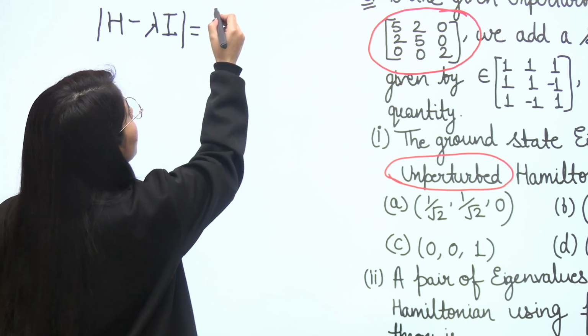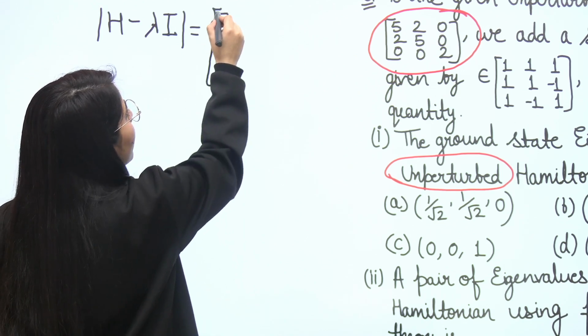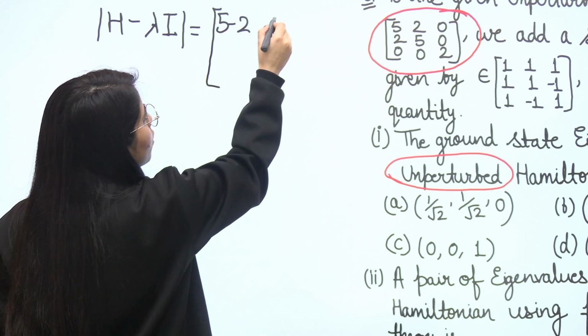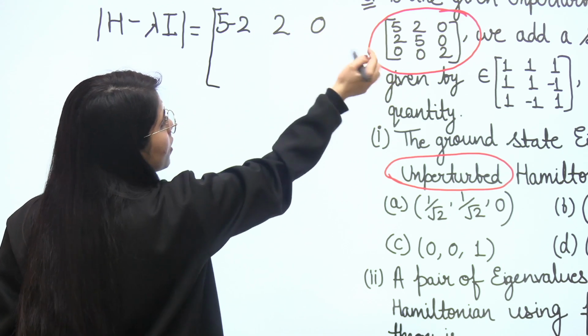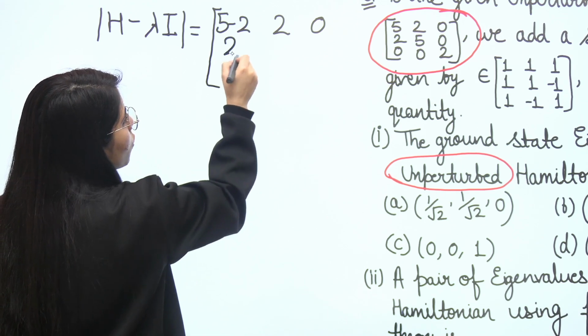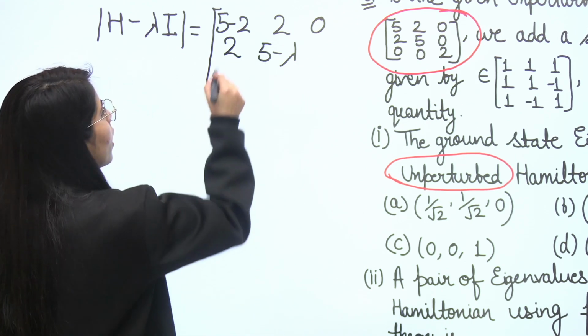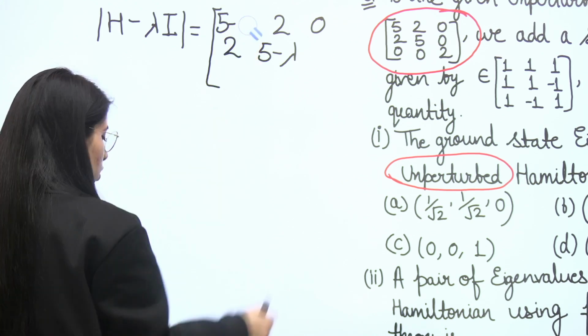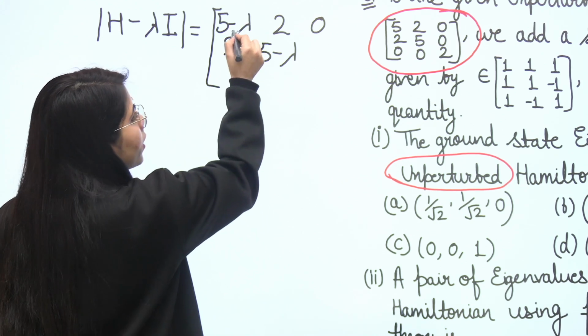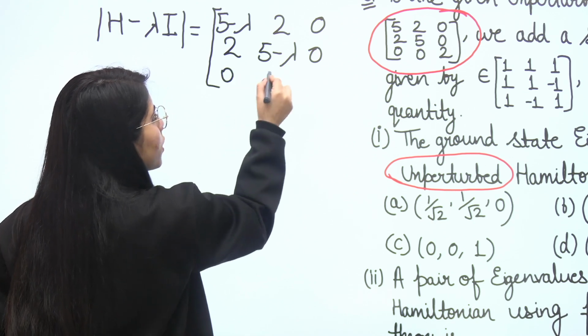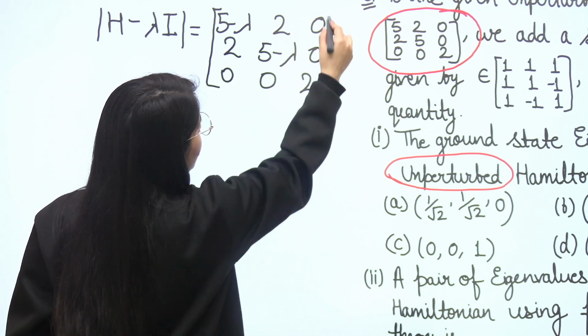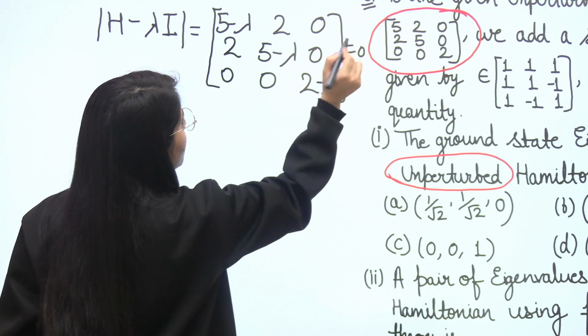So you are going to get 5 minus lambda, 2, 0. This is the unperturbed Hamiltonian. Then 2, 5 minus lambda. It will be lambda only right now. Clear? And 0. Then 0, 0, 2 minus lambda. That's it. Equate it with 0. Find its determinant.